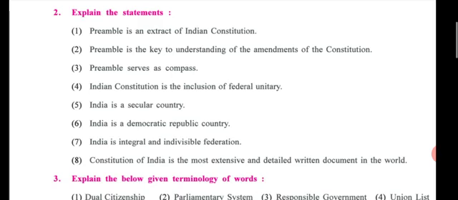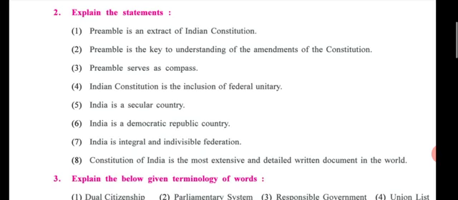I will take the questions which you do not need to write. Question number 3, Preamble serves as a compass. It is not important, so no need to write.